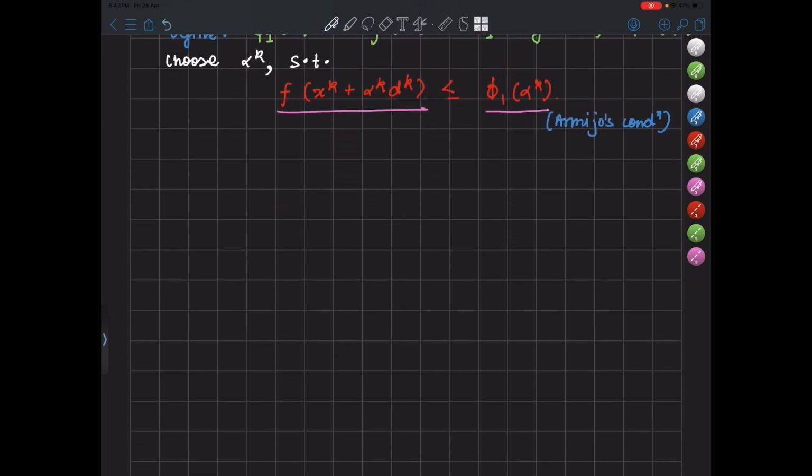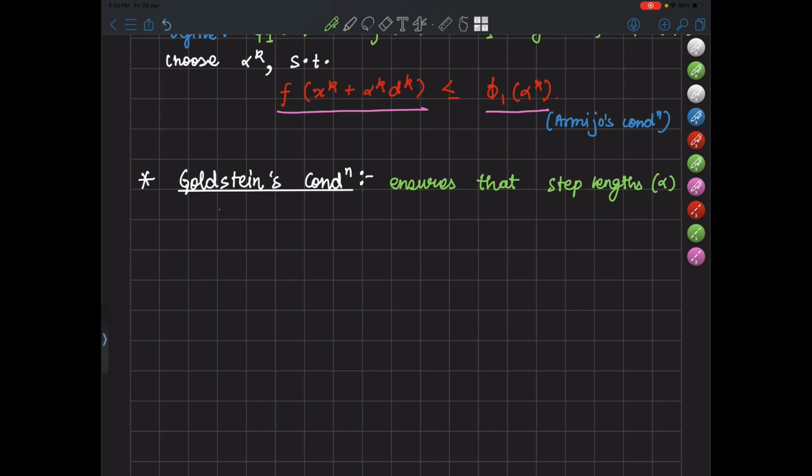There is another condition called the Goldstein condition, which solves the other problem we discussed. This ensures that the step length alpha is not too small.